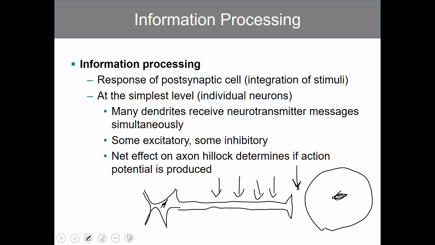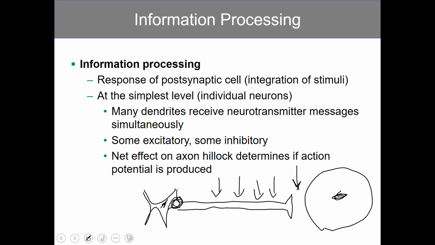At the simplest level, individual neurons have many dendrites that receive neurotransmitter messages. Some of those messages are going to be excitatory, some inhibitory. So we have to consider the net effect, which occurs at the axon hillock, the region just before the first segment of the axon, in determining whether or not an action potential is produced.